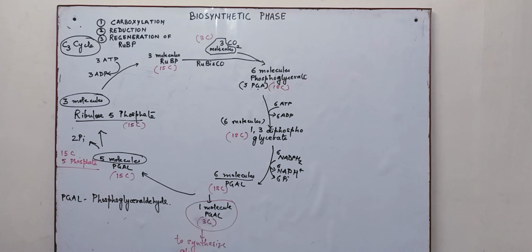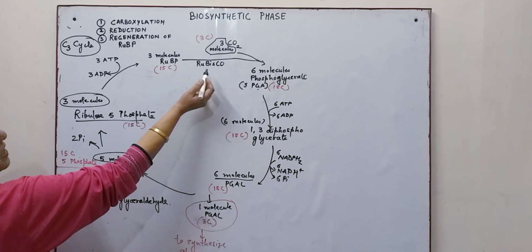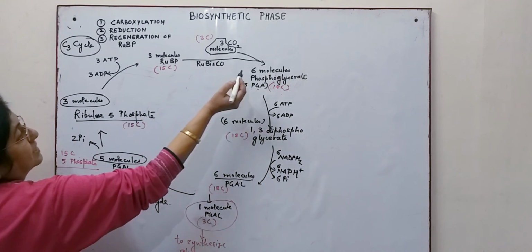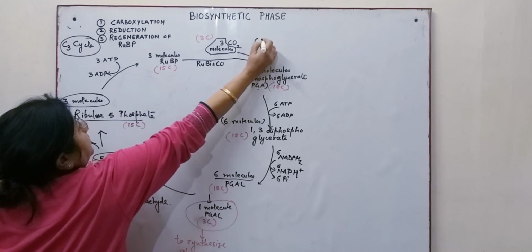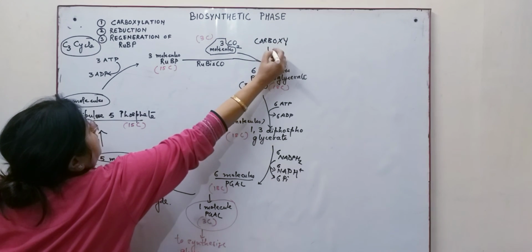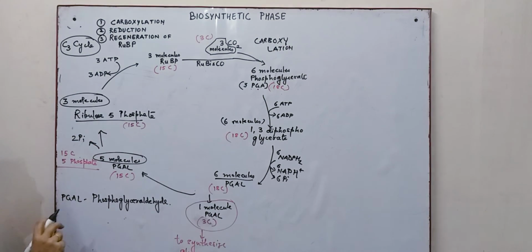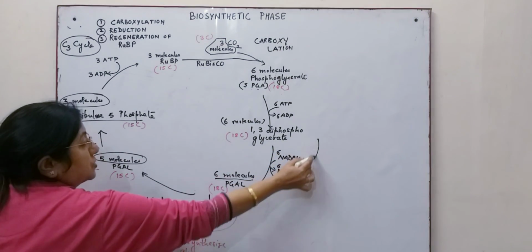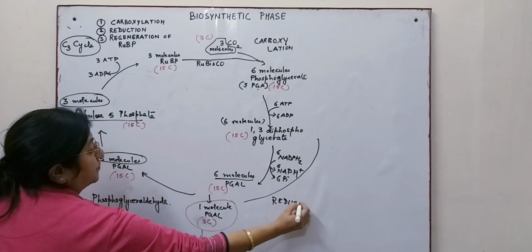Let us now divide this cycle into stages. The process of combining of carbon dioxide with RuBP in the presence of Rubisco is known as carboxylation. Then here the reduction is taking place, so this is known as reduction.